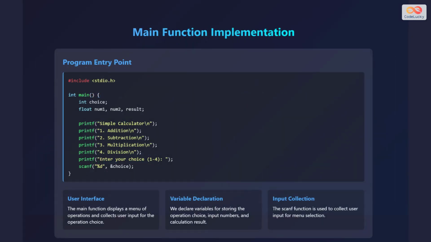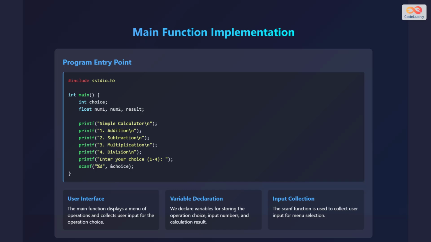Now let's dive into the implementation of the main function, the heart of our C calculator program. First, we include the standard input-output header file, stdio.h, which provides essential functions for input and output operations. Inside the main function, we declare an integer variable named choice to store the user's menu selection.